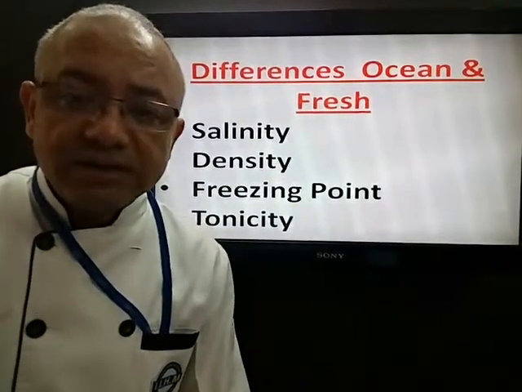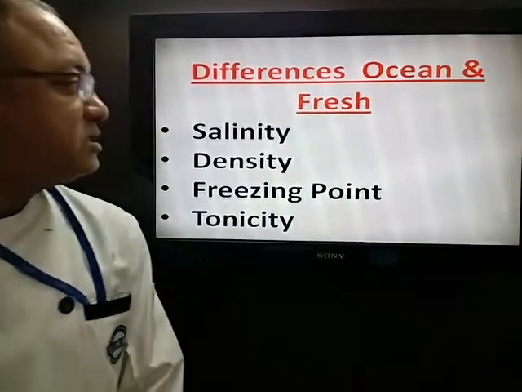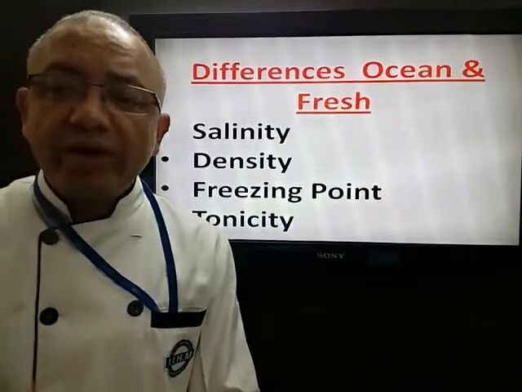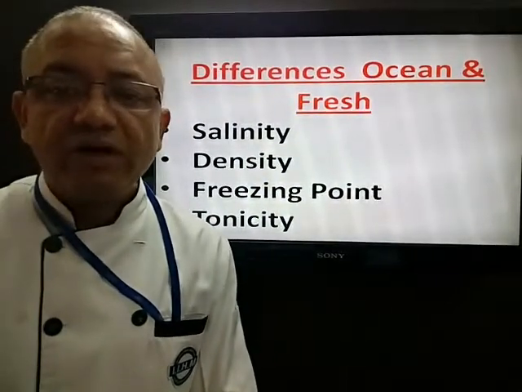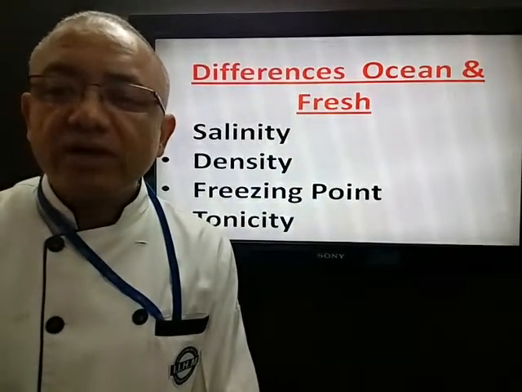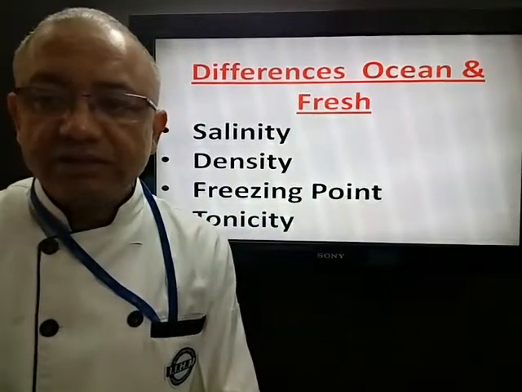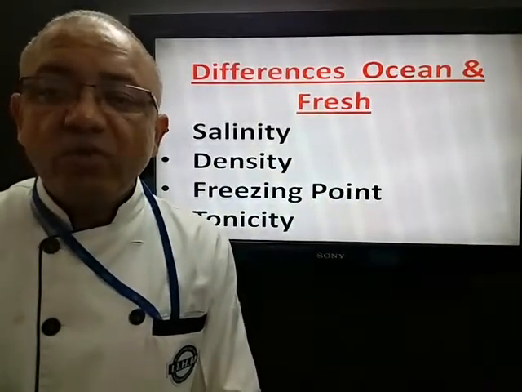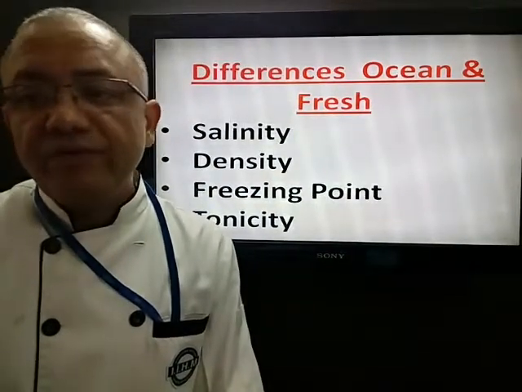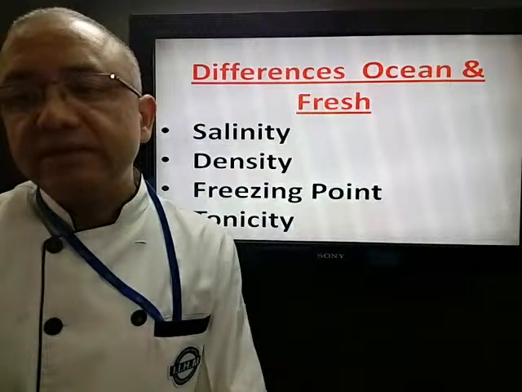And the third point is the freezing point. Both the freezing and boiling points of the water differ from the fresh water, but only the freezing point is of concern here. The average freezing point for the ocean water is -2 degrees, whereas the normal one is 0 degrees.